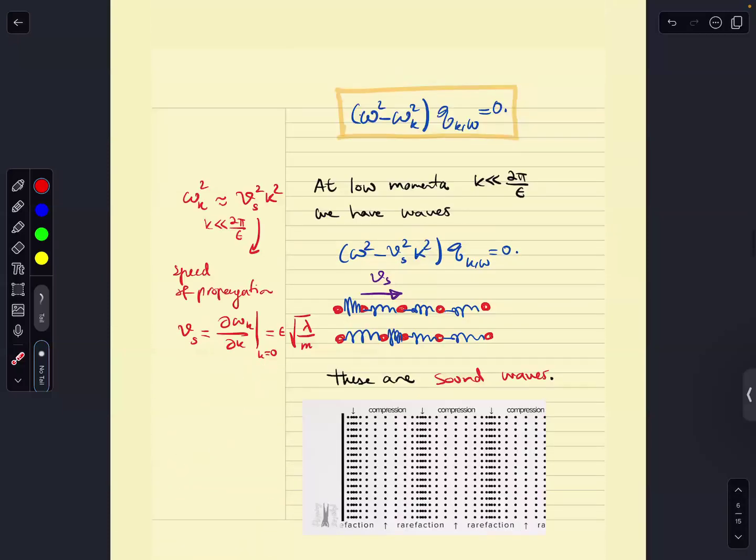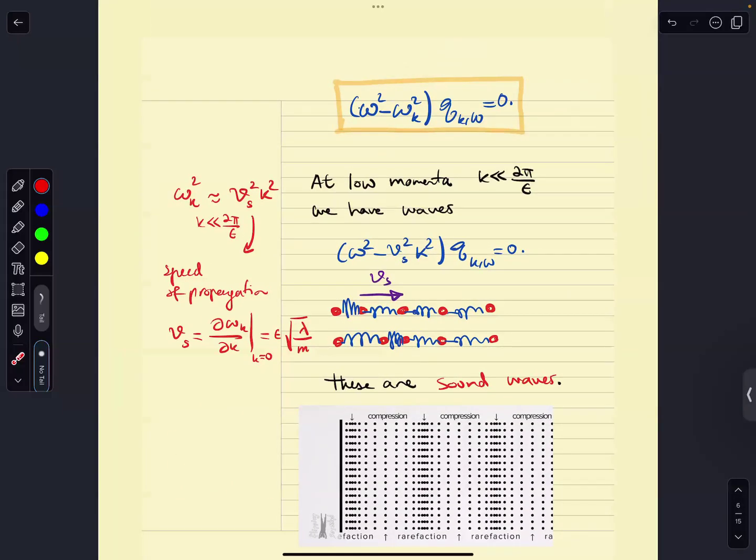As we said before, if you look at the proportionality constant between omega k and k at low momenta, this becomes linear, and this is just the speed of sound. At low energies, what you have is sound propagating, and this v s is nothing but the speed of propagation of sound.